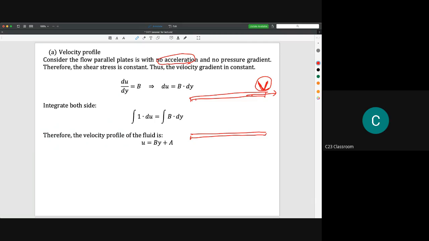Normally we will use the idea of the Bernoulli equation, because Bernoulli equation can be used along a streamline and for incompressible flow. So if you are dealing with fluid not flowing at high velocity, up to 0.3 Mach number, where the density and everything is constant, you could use the Bernoulli equation.